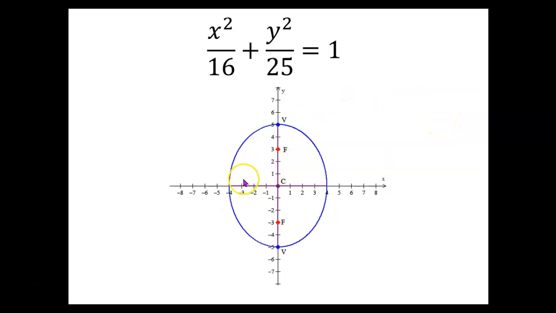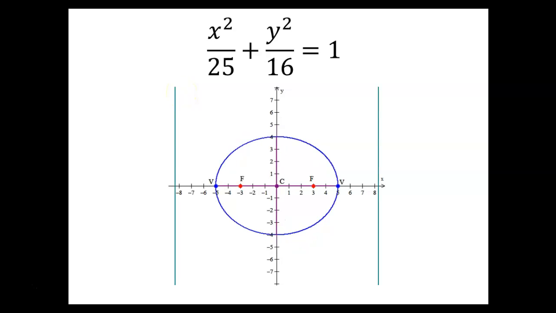Now here is the ellipse x squared over 16 plus y squared over 25 equals 1. Do you notice the difference between this equation and the one we were just looking at? In the last one, we had the bigger number, 25, under the x squared and the smaller number, 16, under the y squared.